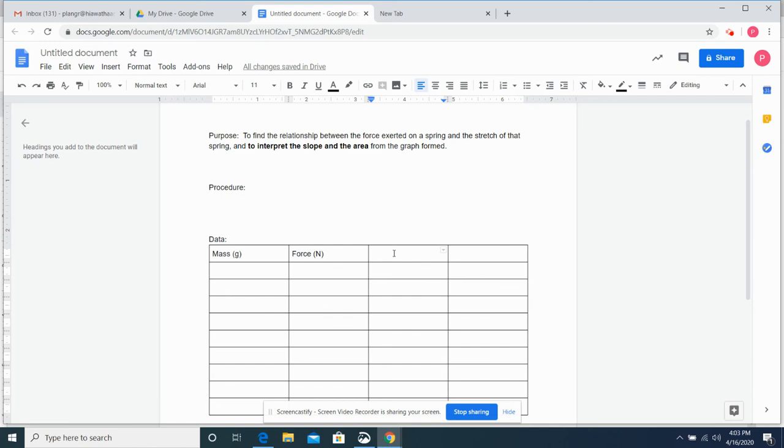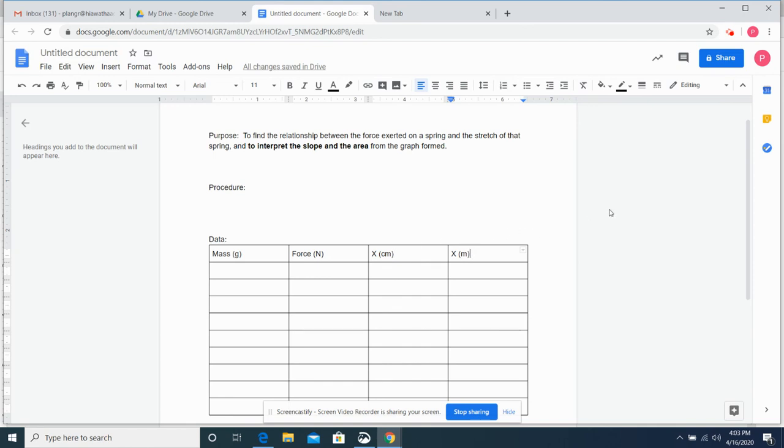Remember, for displacement at least, we use the symbol x. And so we're going to measure that in centimeters. I'm going to measure that in centimeters, but it would be better if you graphed it in meters. So I'm going to write that on here. If you don't graph it in meters, you can convert it later on. So there's what your data table is going to need to look like in the experiment that you do.